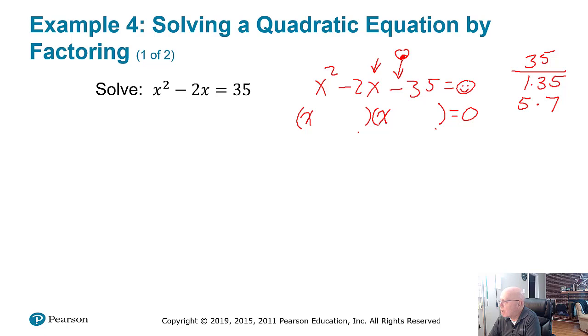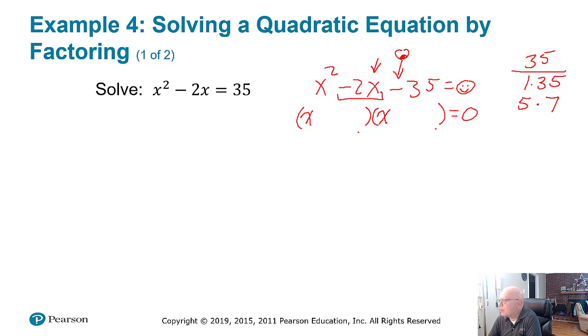And that means when we add those two terms together, we're going to be subtracting them, and we end up with a minus 2x. So which one of these gives us a minus 2 if we subtract them? This gives us 34. This gives us 2, yes. Now, so we know we've got a 5 and a 7.